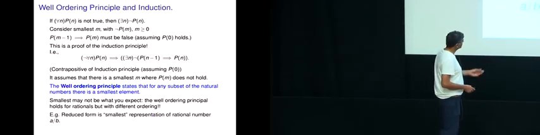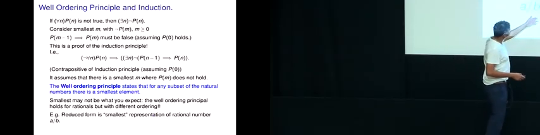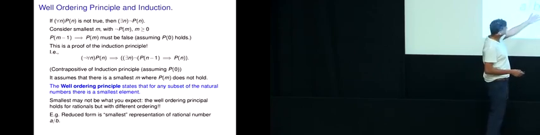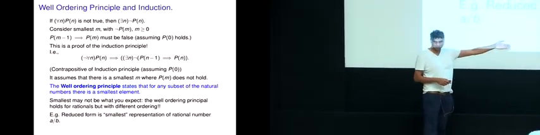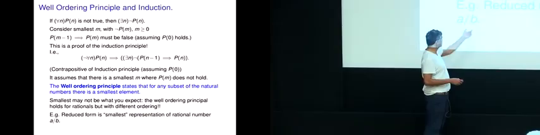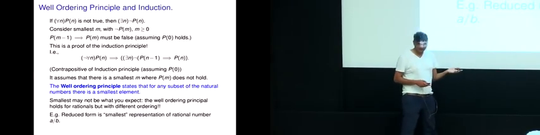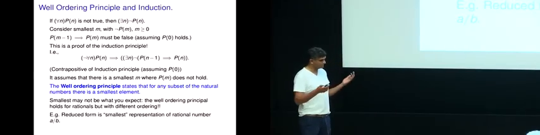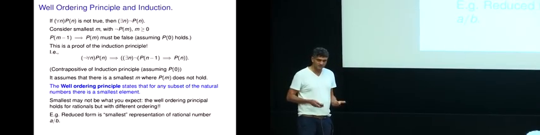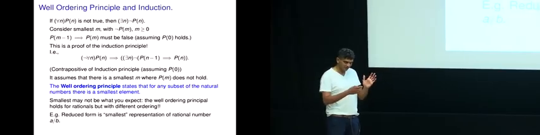But in rationals, we use the notion of the smallest representation of a rational number, a over b. We had already done that to an extent. So with rational numbers, you could also order them. It's not the order you may think of, but there are ways to order them as well.